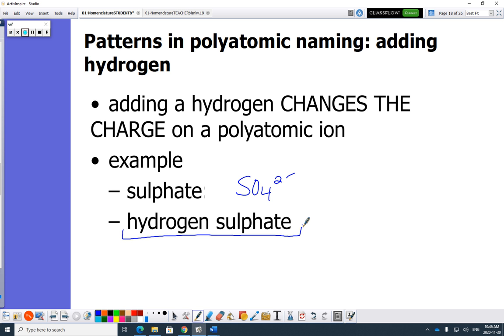So eventually, when we do examples with the crisscross rule, your teacher in grade 10 would have told you about using brackets, right? So I usually tell students, even if you crisscross and it's ones or something like that, and you don't technically need the brackets, if you always want to put brackets around polyatomic ions, do it, okay?